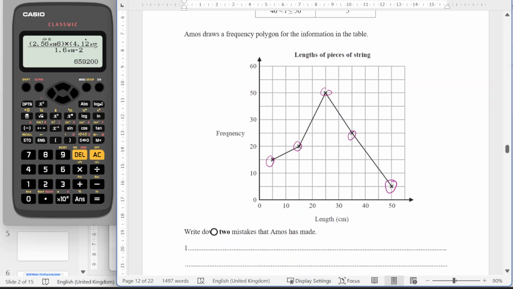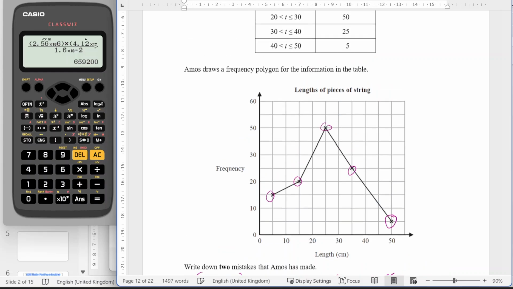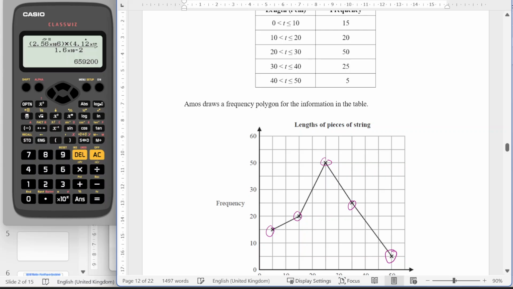So 55 should be plotted at 45.5. That's one mistake. Now if we look at the totals, 15 I agree with that one, 20 I agree with that one, 50 I agree with that one, 25 I agree with that one.